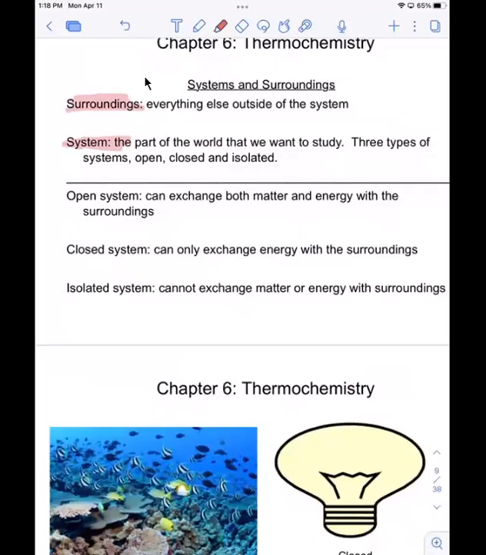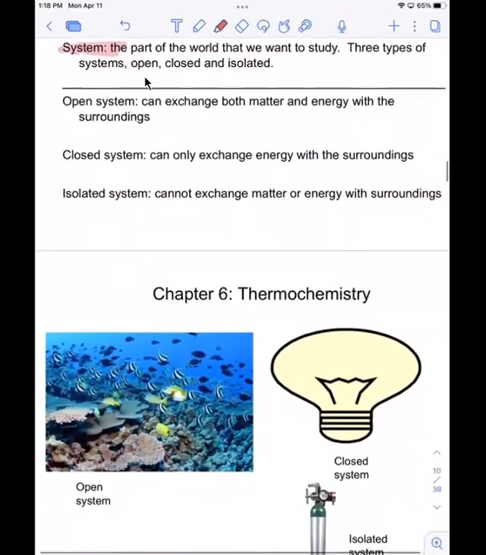With a closed system, that's different. A closed system is like the light bulb. It can exchange energy with the surroundings, but the surroundings cannot exchange matter with it. So only energy exchange happens with a closed system.